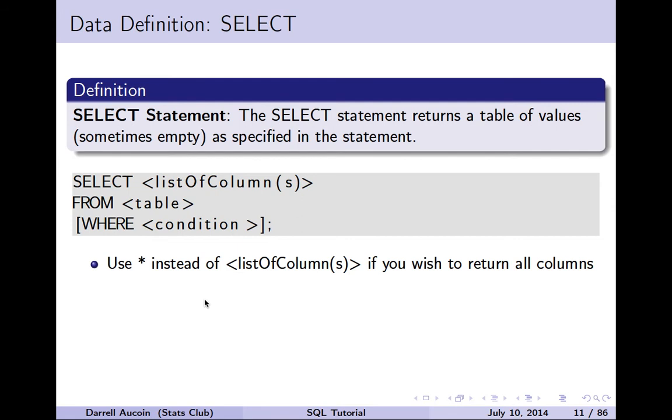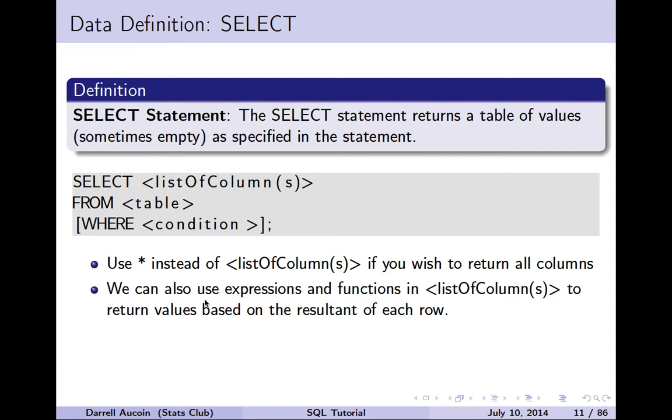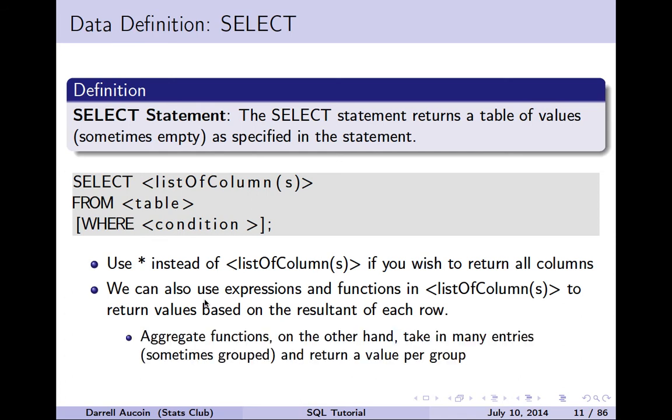If for the list of columns we use star, it basically says take all the columns from the table. We also use expressions and functions in the list of columns, getting a result for each row. And aggregate functions can take in many entries, most of the time grouped, and return a value per group.